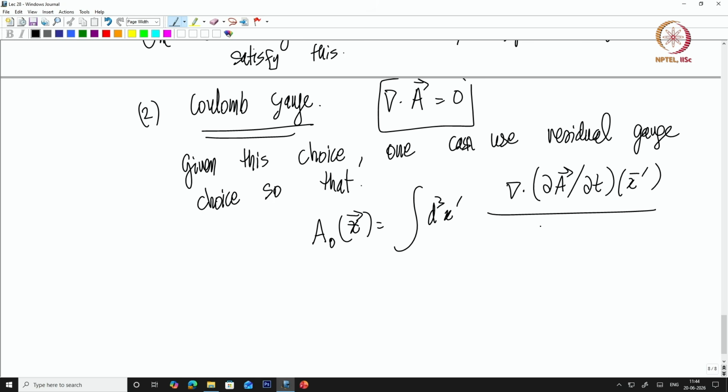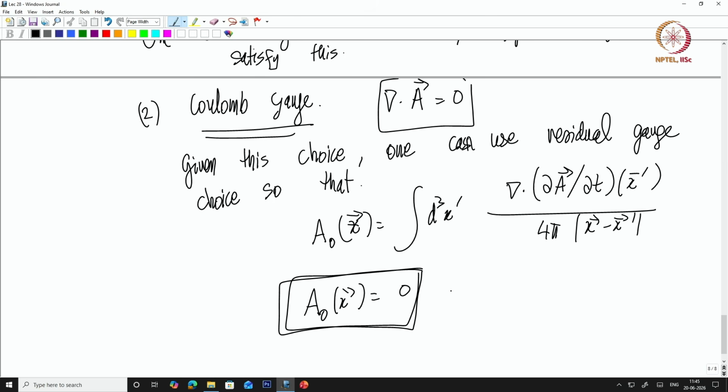You remember the Laplacian equation, so it is fixed by this thing, del dot A. Now, you can interchange del and the time derivative, and it has this consequence: A0 in this gauge is equal to 0, and this is very useful sometimes.